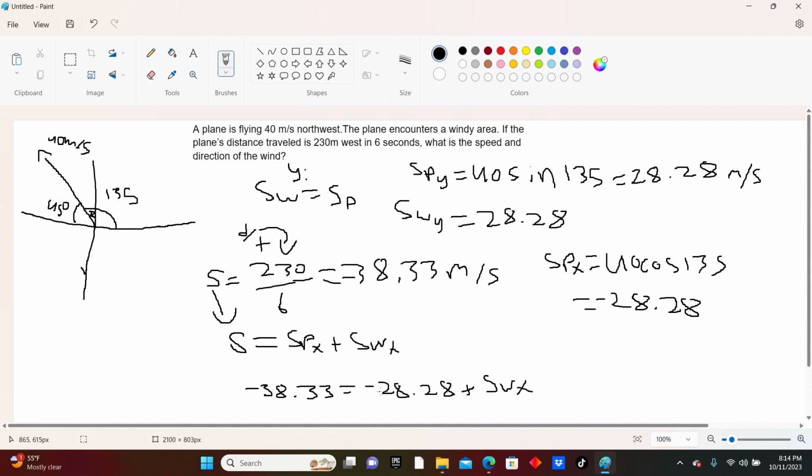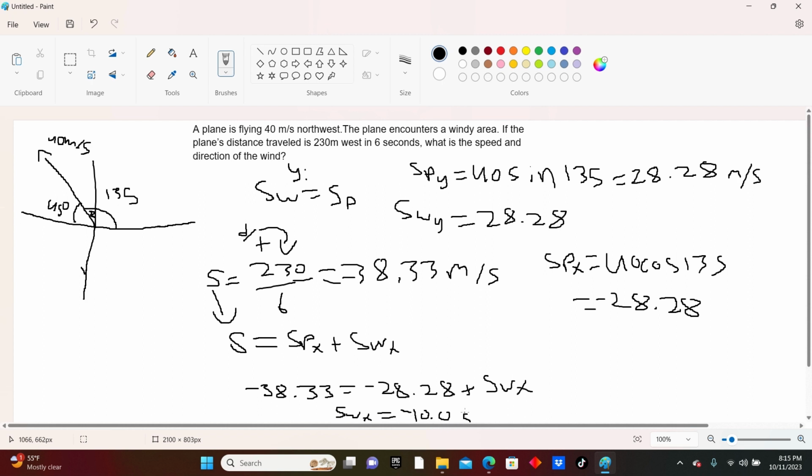Now if we add this on to the 38.33 side, we get the wind speed in the x direction is equal to negative 38.33 plus 28.28, and this equals negative 10.05.